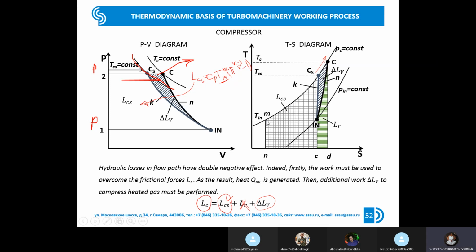And we receive a point M. And the area N, M, CS, C, we have two letters C at this graph, will correspond to the ideal work of the compression, LCS, it's marked here.